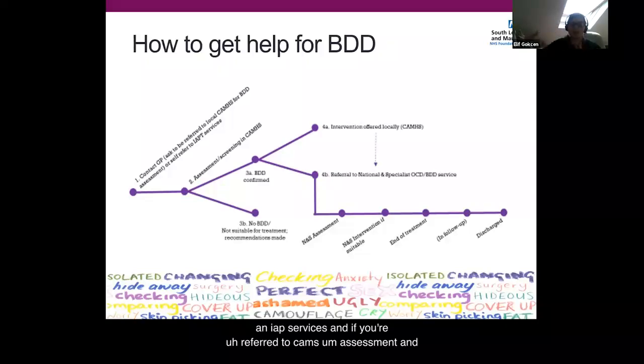If you're referred to CAMHS, assessment and screening will happen at this point, and that will indicate whether BDD is confirmed or whether BDD isn't a good condition to understand the difficulties under, and alternative recommendations will be made.